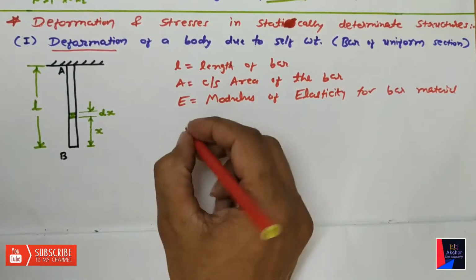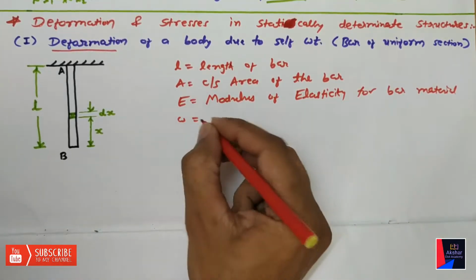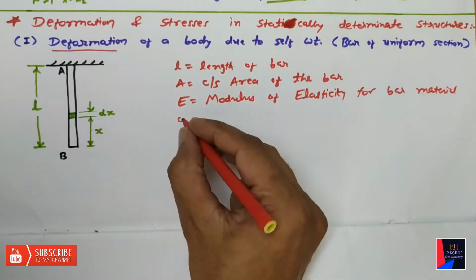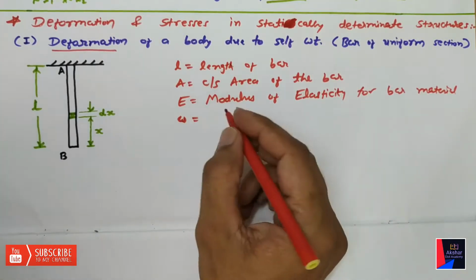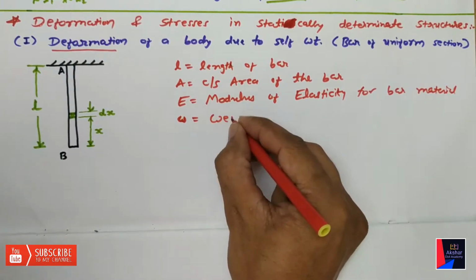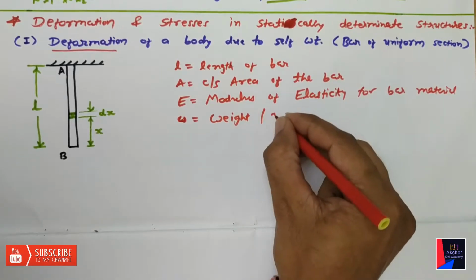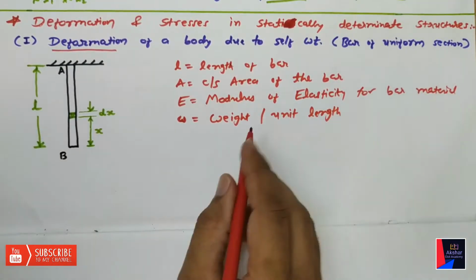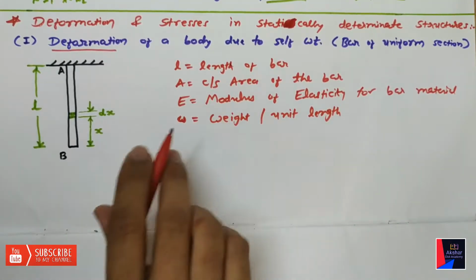And the last one is weight, because we are going to find the deformation of a body due to self weight. So there is some weight, w, weight per unit length of the bar. Let us consider all these things.